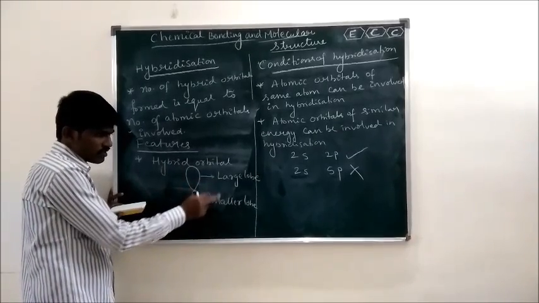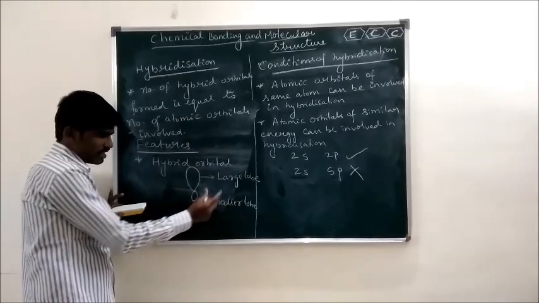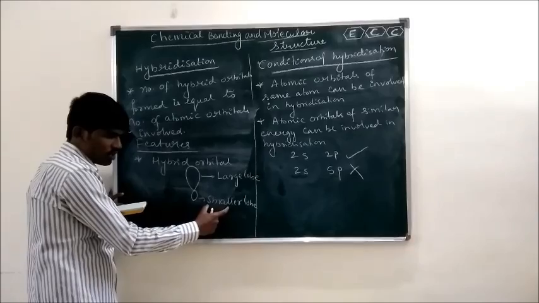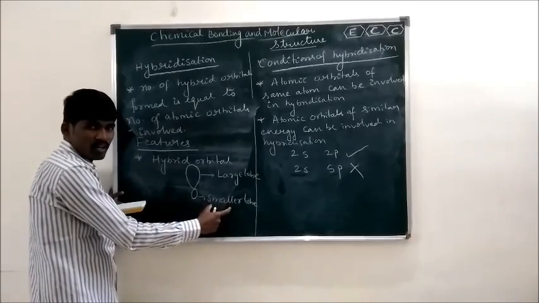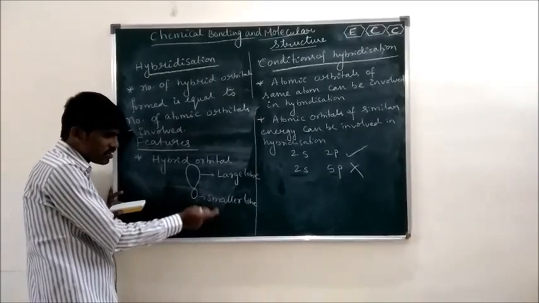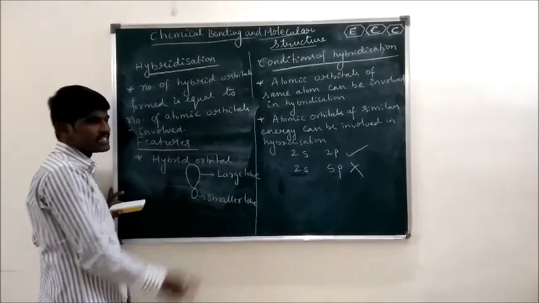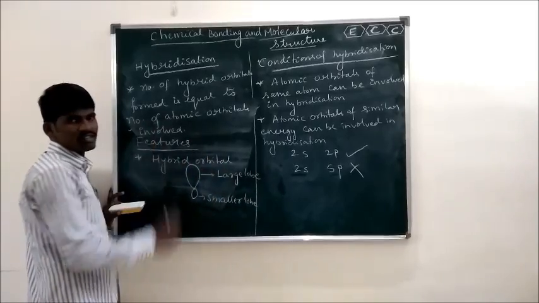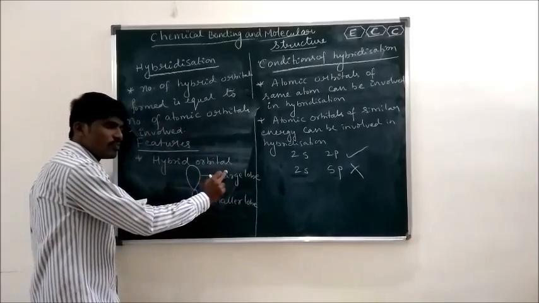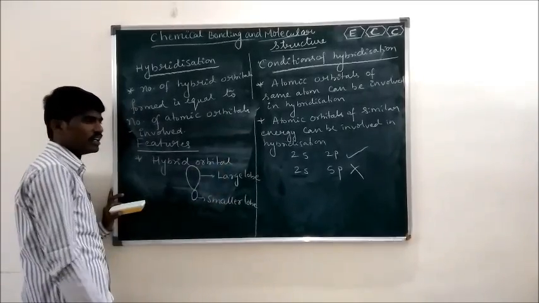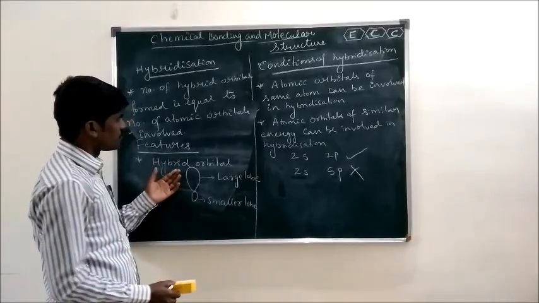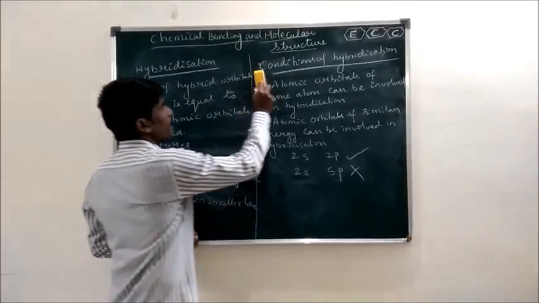Among these 2 lobes, the large lobe is effective in bonding, whereas the smaller lobe is not much effective in bonding because it is close to the nucleus. Whenever it is close to the nucleus, it cannot be involved in bonding easily as compared to the large lobe. So this is a very important condition. In most cases, the large lobe will be involved in effective bond formation by overlapping. This is a major feature of a hybrid orbital.